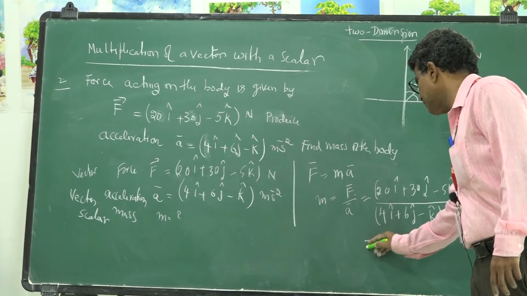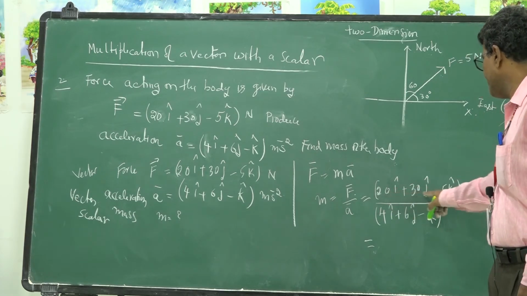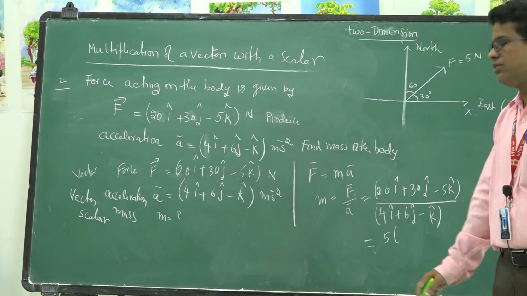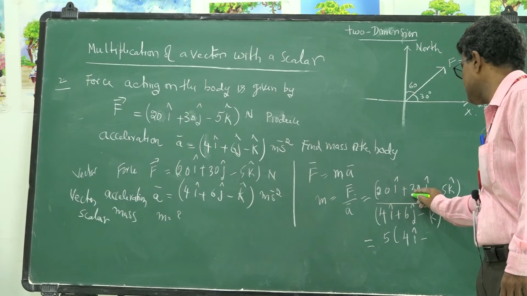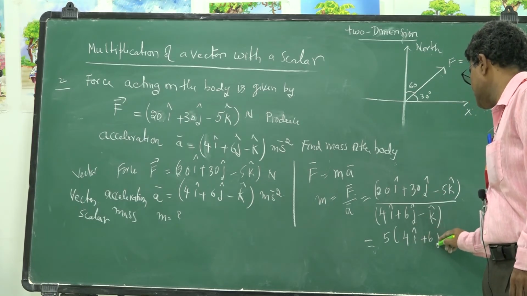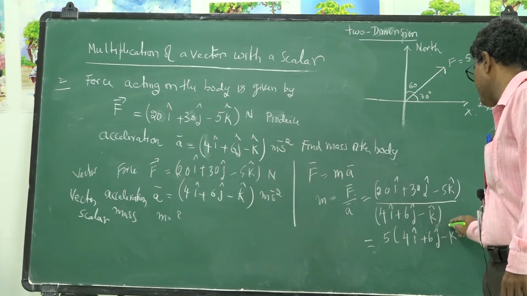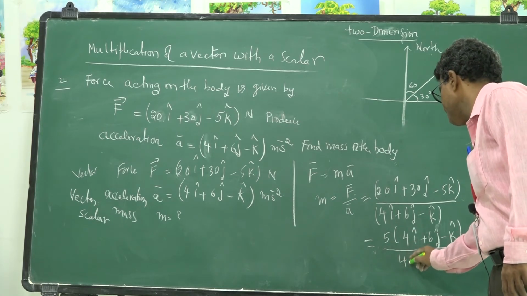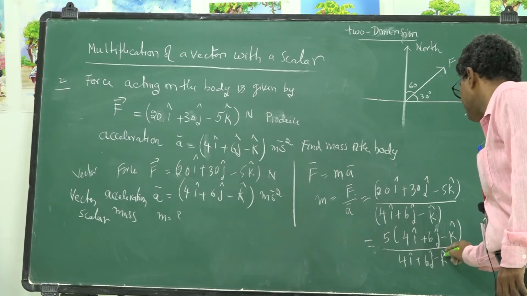Here you take the common 5. You take 5 common. That means we are multiplying with this scalar. So it is 5 times 4 i cap plus 6 j cap minus k cap, by 4 i cap plus 6 j cap minus k cap.